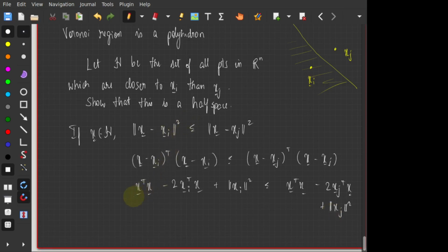Right? So x transpose x cancels on both sides, and what you're left with is just a linear inequality.